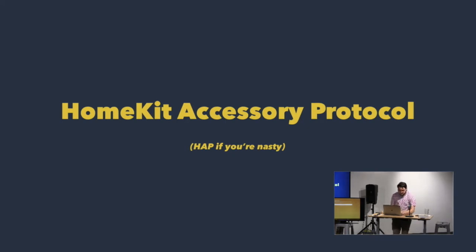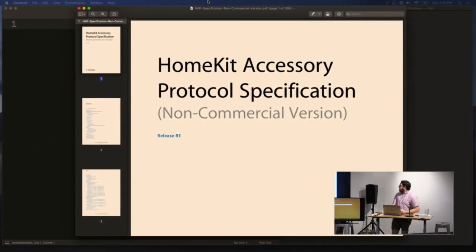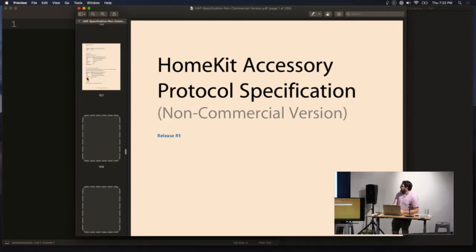But here, let me actually pull it up real quick. It's here somewhere. Yeah, there we go. Here you have this HomeKit accessory protocol, right? And it is a dense document.